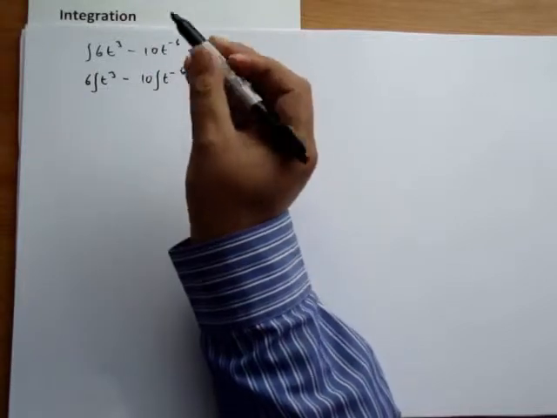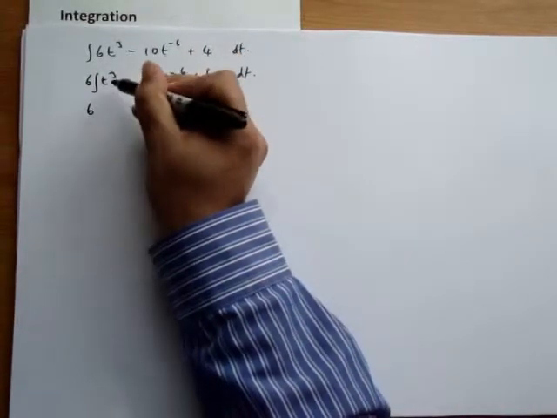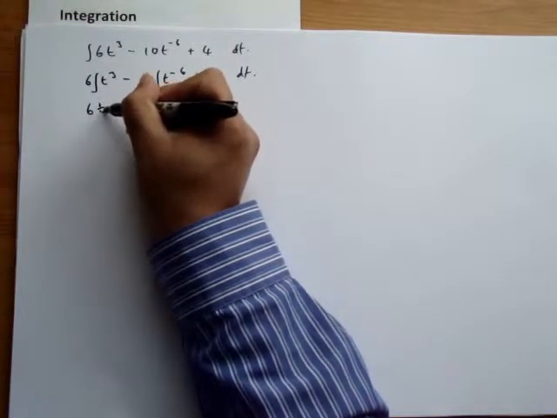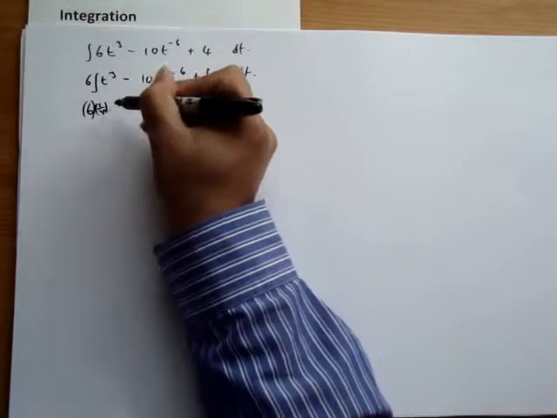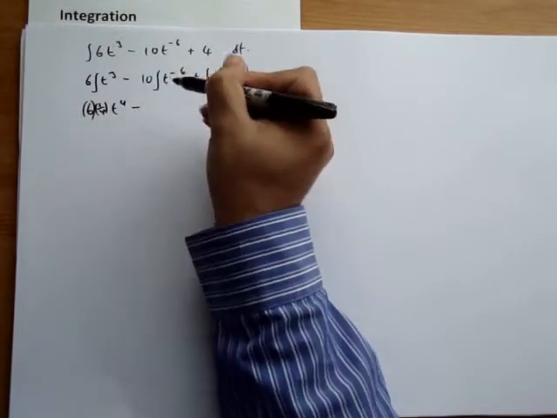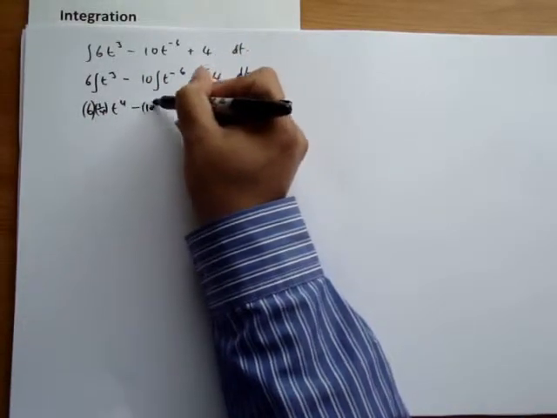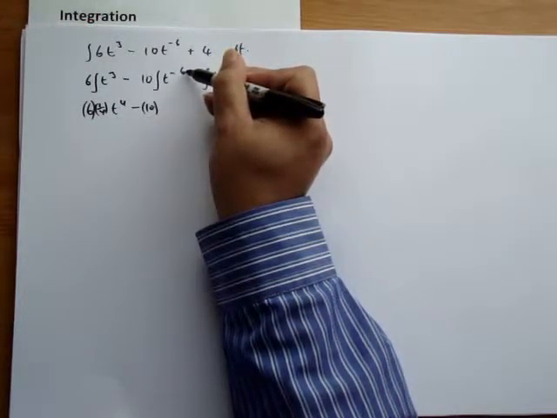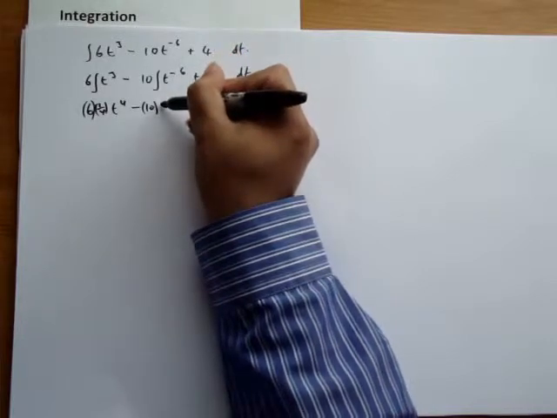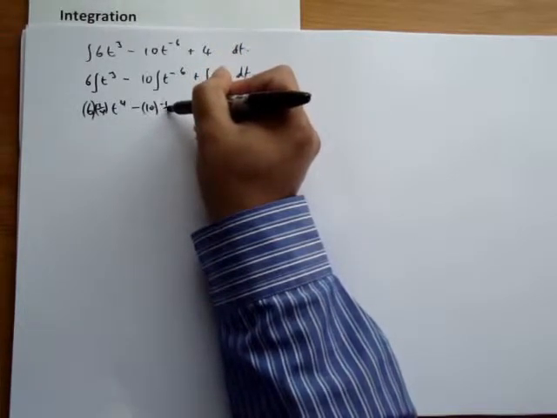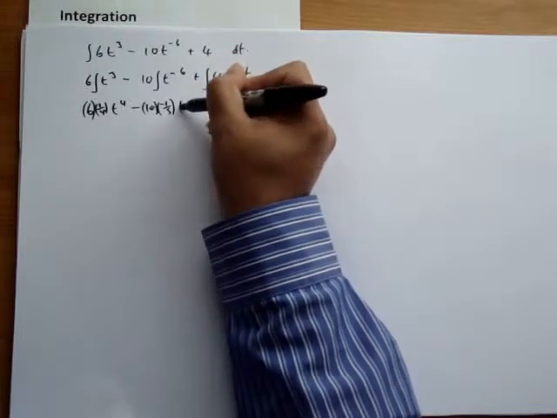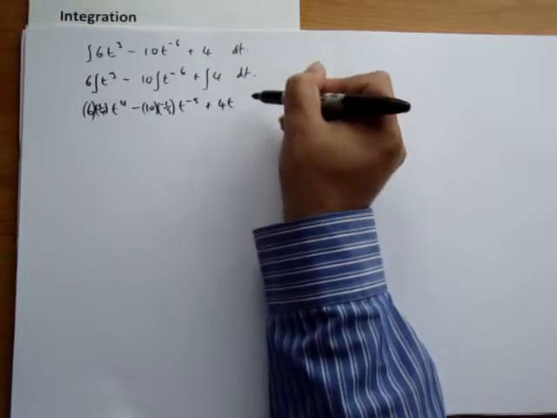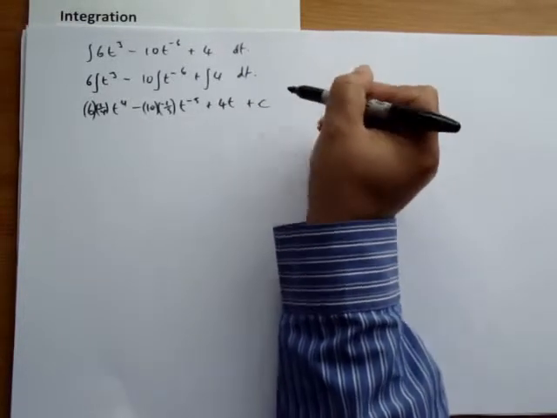Quickly going ahead, we have 6, 3 plus 1 is 4, so that'll be 1/4 t^4, minus 10 multiplied by -6 plus 1 is -5, so that's multiplied by -1/5 t^(-5), plus 4t plus c.